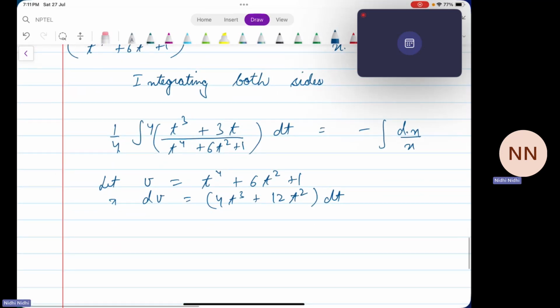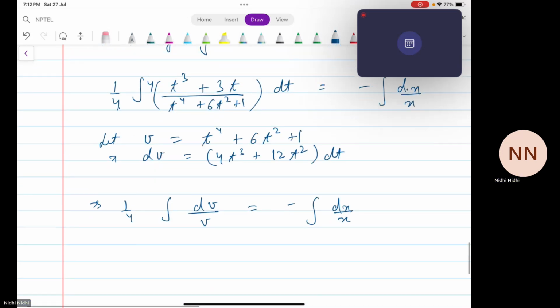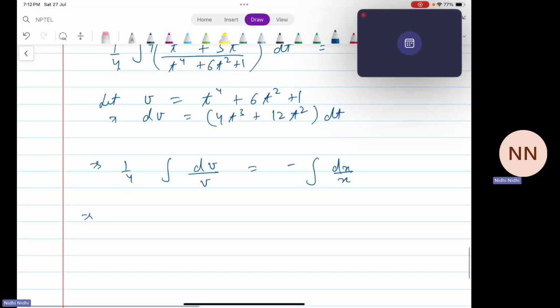So this gives us 1 by 4 integral dv upon v is equal to minus integral dx upon x. Now integrating, we get 1 by 4 ln mod v is equal to minus ln mod x plus some constant, we will take it to be ln c, so that we can use the properties of logarithm.